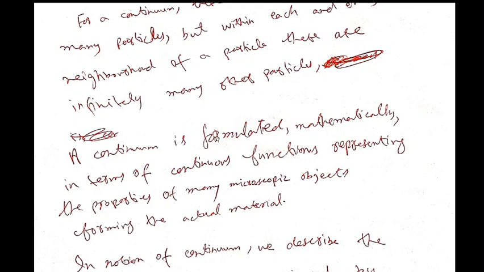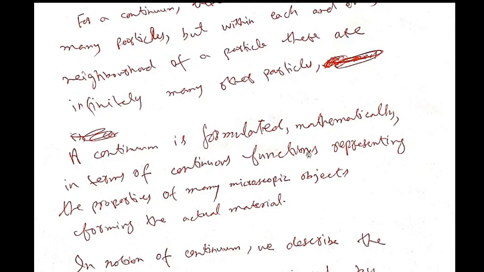A continuum is formulated mathematically in terms of continuous functions, representing the properties of many microscopic objects forming the actual material. So for a continuum we have continuous functions, because we are supposing that we have continuity.